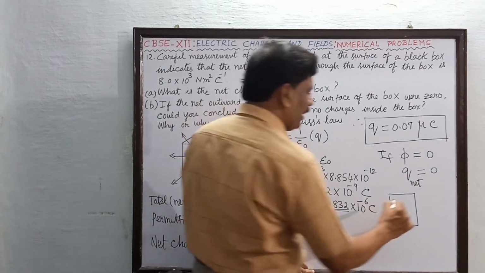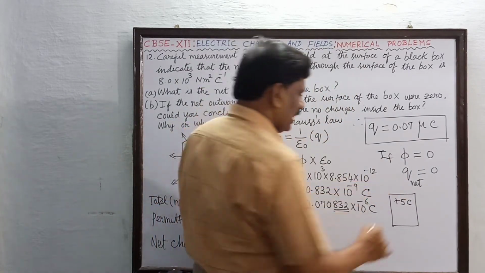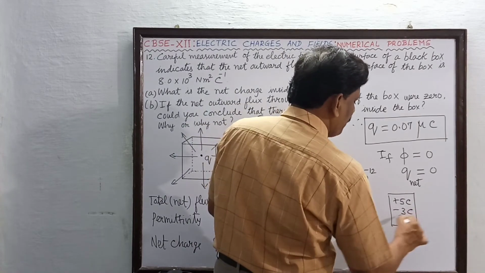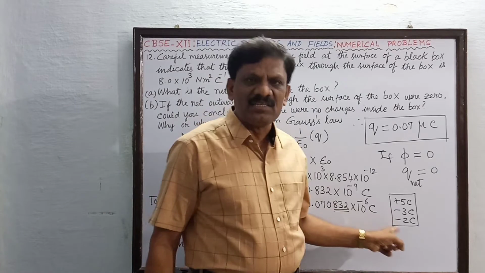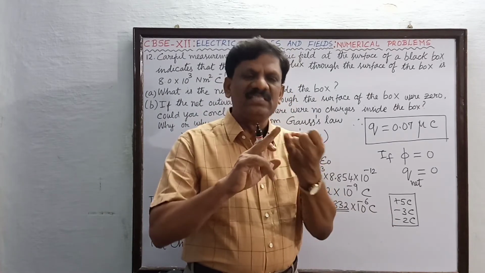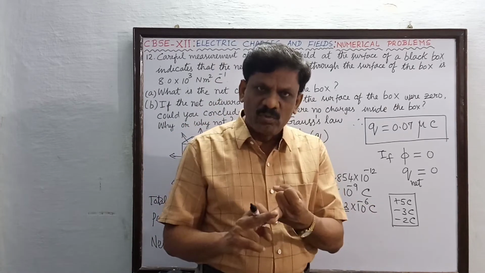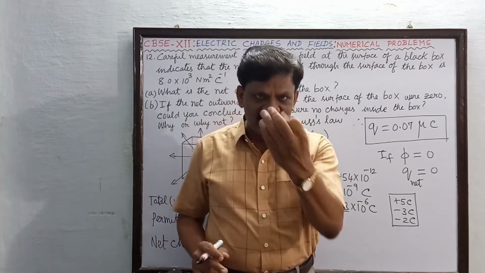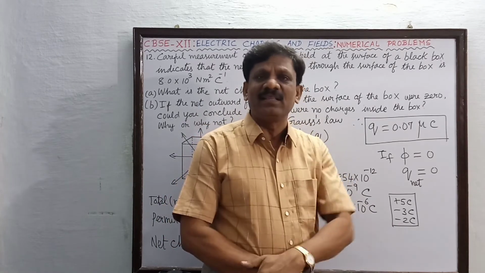Say for example, I will take a plus 5 coulomb charge kept inside, and minus 3 coulomb, minus 2 coulomb. How many charges are present inside this box? You tell me now. 3 charges are there. The first charge is plus 5 coulomb, the second charge is minus 3 coulomb, and the third charge is minus 2 coulomb. So 3 charges are physically present inside the container.